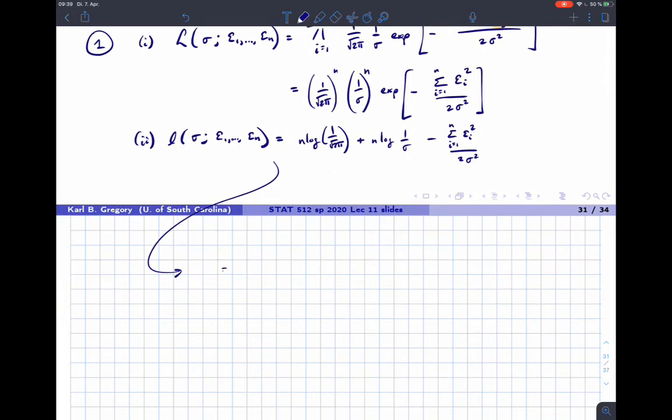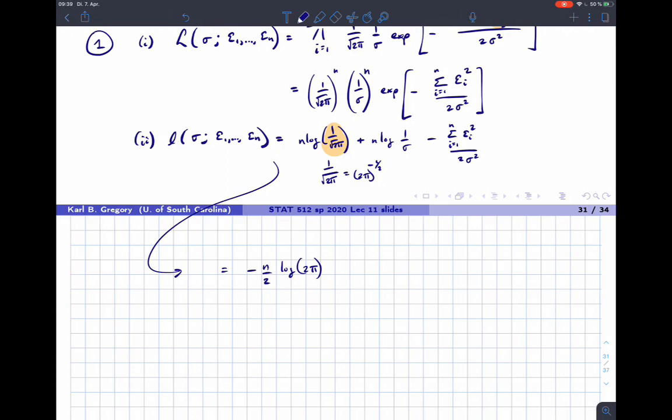I don't like the way this part is written, so I'm going to change it. 1 over root 2 pi is like 2 pi to the minus 1/2. So I'm going to pull that minus 1/2 out and put minus n over 2 log 2 pi.